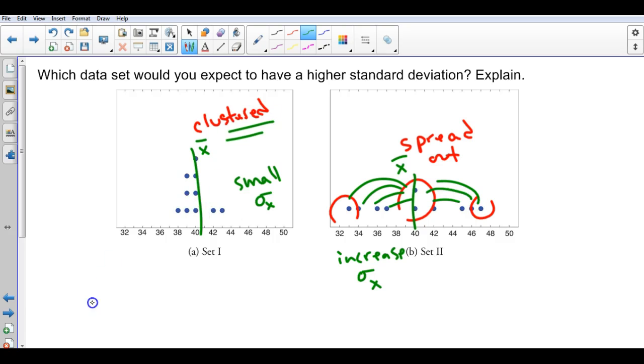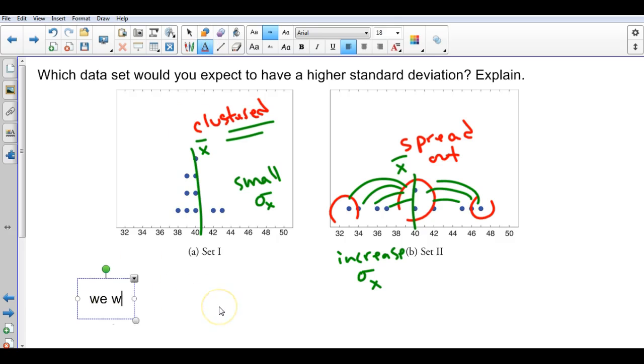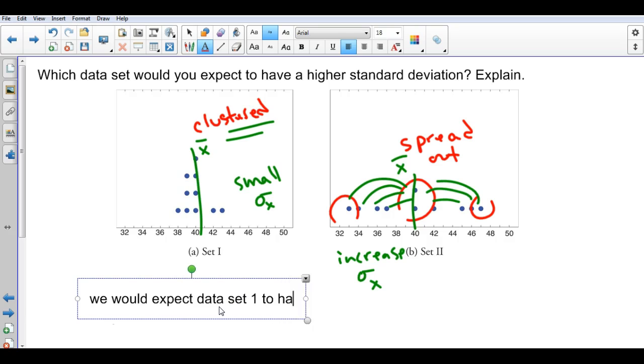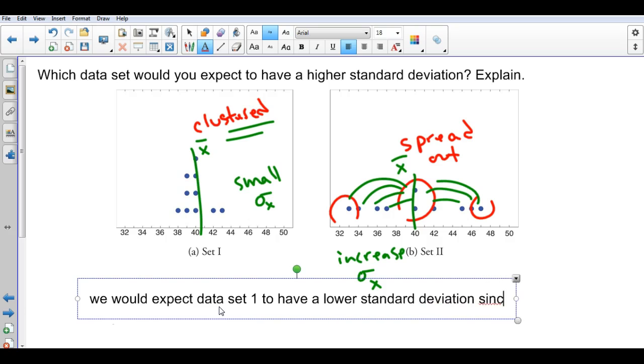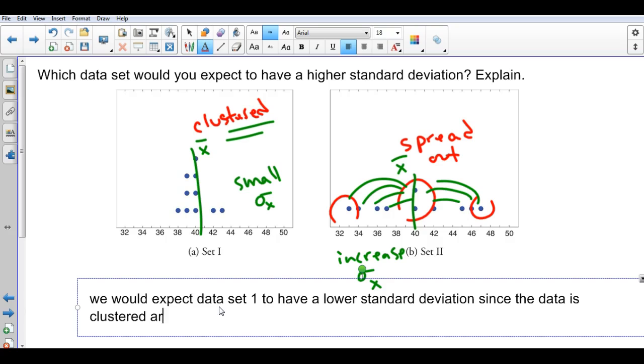So what we would expect then, and I'm just actually going to type this down here, we would expect data set 1 to have a lower standard deviation since the data is clustered around the mean. Data set, I'll capitalize this, I'll be nice.